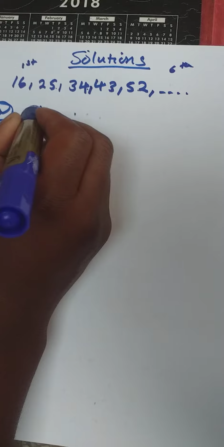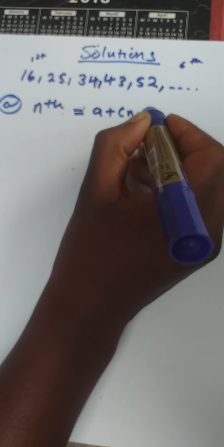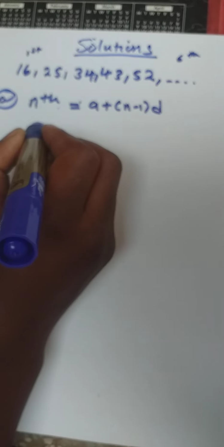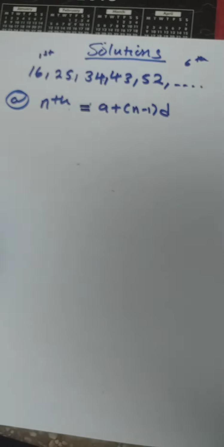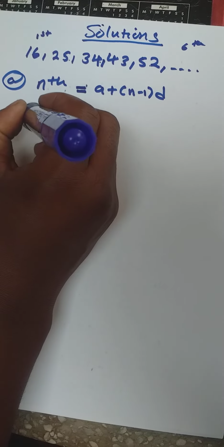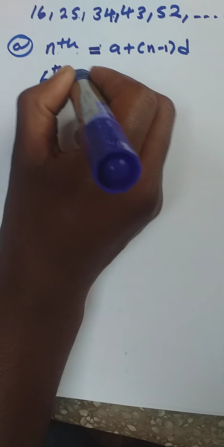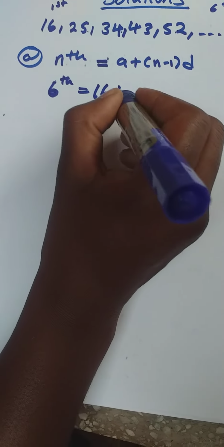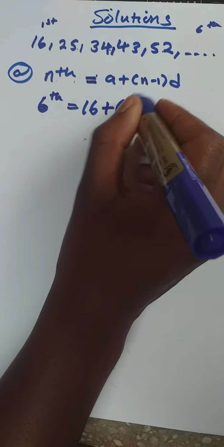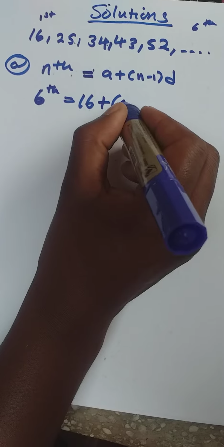So we know that the formula for finding the nth term is a plus n minus 1 multiplied by d. We want the number on position number 6, which is the one they're referring to as the next, since they're ending at 5. So the 6th term will be equal to the first term, 16, plus, where a is the first term and n is the position, we want the number on position 6, so 6 minus 1, times the common difference.